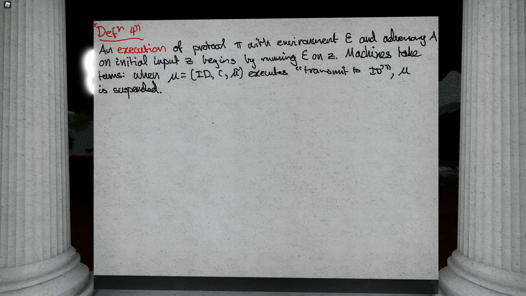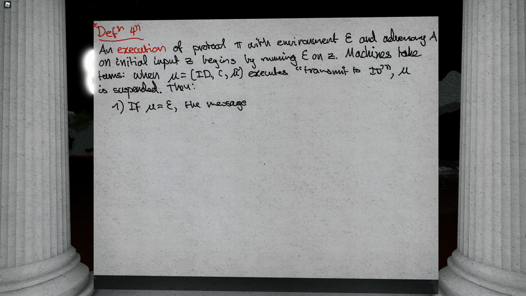This is not a technical term, it's just a concept. Then, what happens next? Well, it depends on what the machine was. So if the machine that's transmitting a message is the environment, we write the message. What's ID prime?